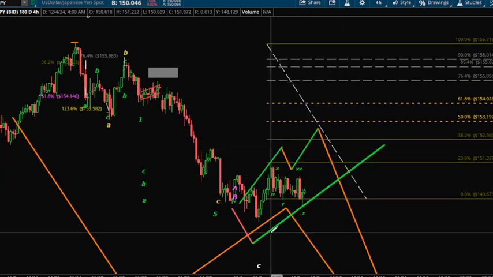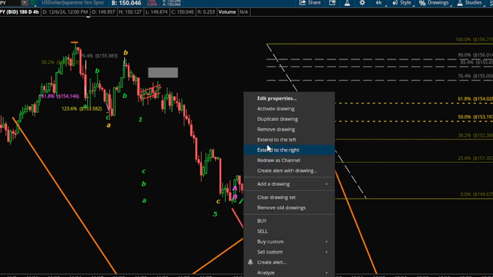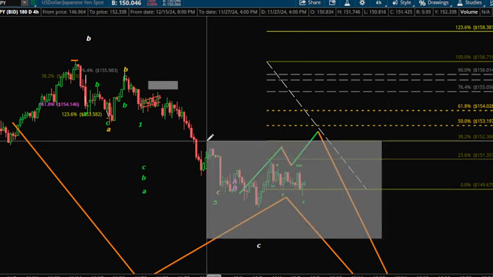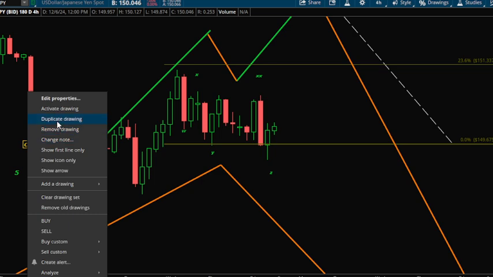Okay, so I'm gonna go ahead and take this line out because it's just kind of confusing right now, and let's zoom in, because now we're looking for a minor B wave up.